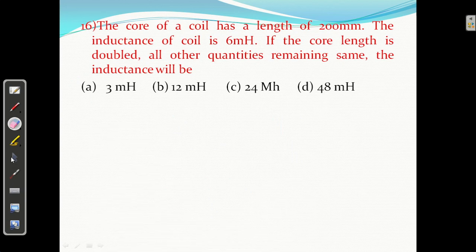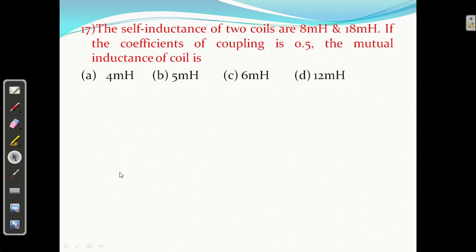Okay. Question number 17. What is question number 17? The self inductances of two coils are 8 millihenry and 18 millihenry, and the coefficient of coupling is 0.5. What is the mutual inductance of the coils?